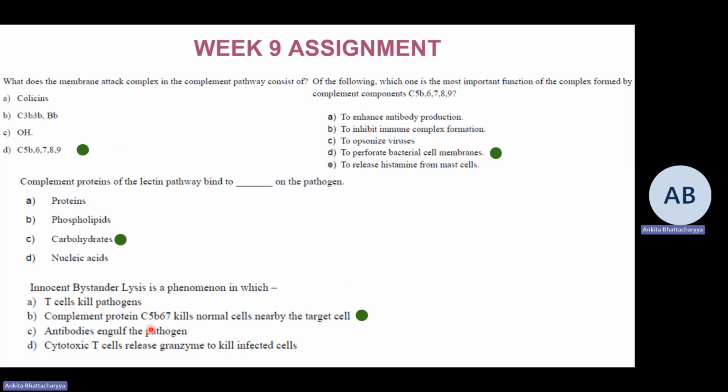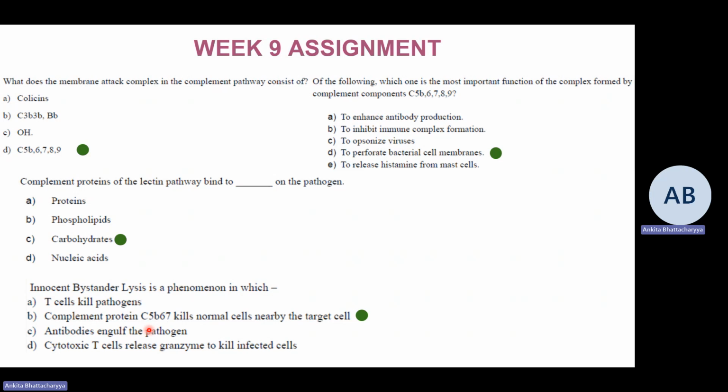And finally, the last question, we were asked about innocent bystander lysis. While I did not get into that question directly, if you have gone through the lectures, you would remember this being discussed by the Professor. You can even attempt this question if you don't completely remember the distinction between each of these phenomena.